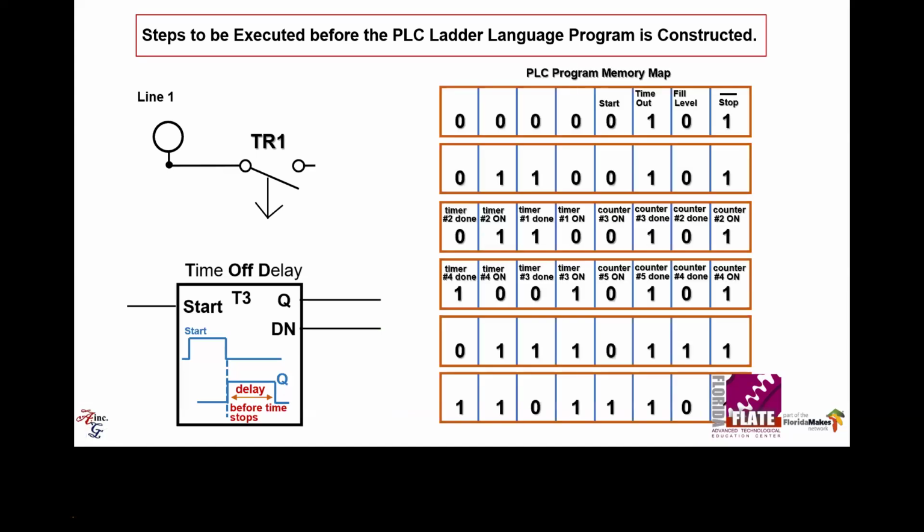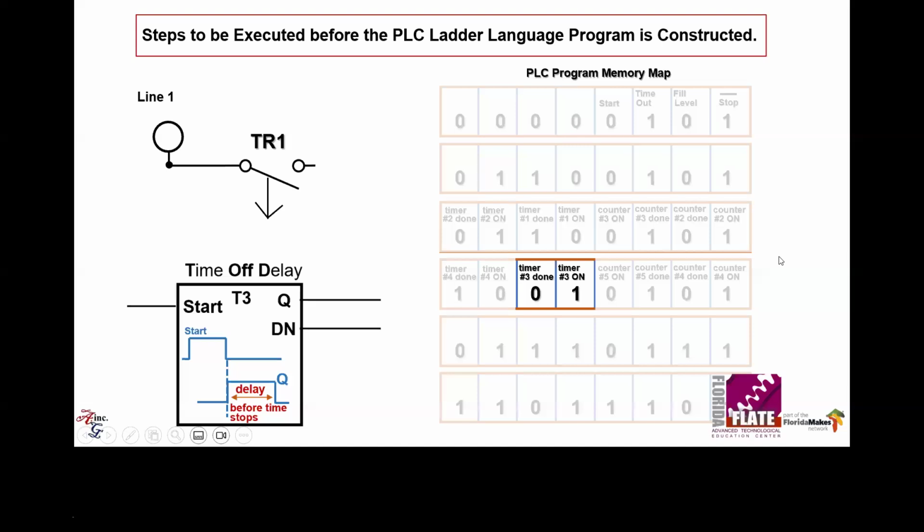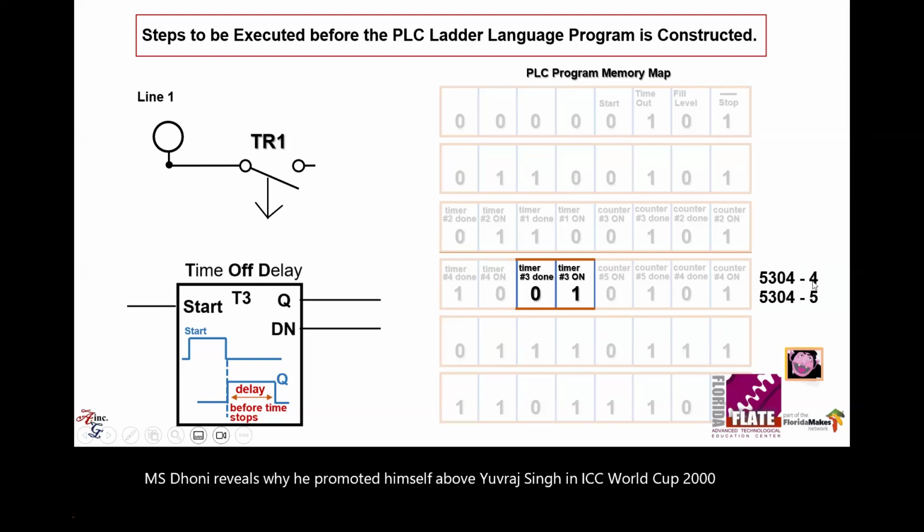Remember, here are our registers that are inside the PLC, and there is where this program element happens to be. Right? It's register 5304-4 and 5, but the count is sticking its head into the game. There's register 5301, 5302, 5303, 5304.